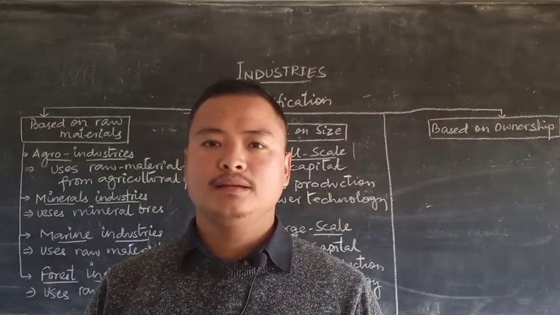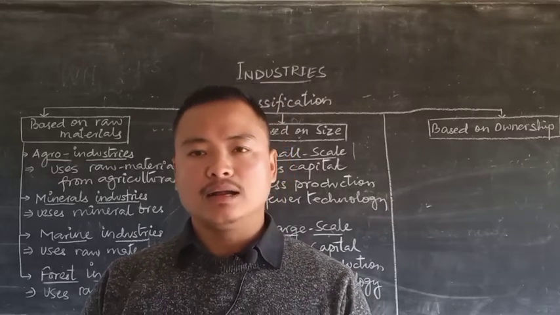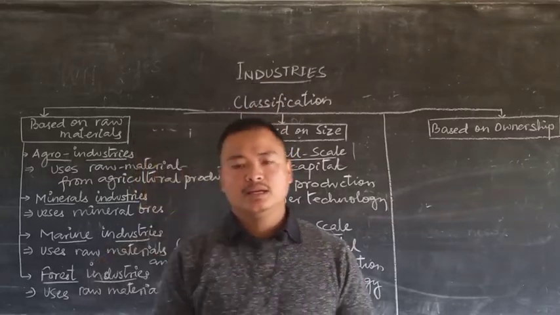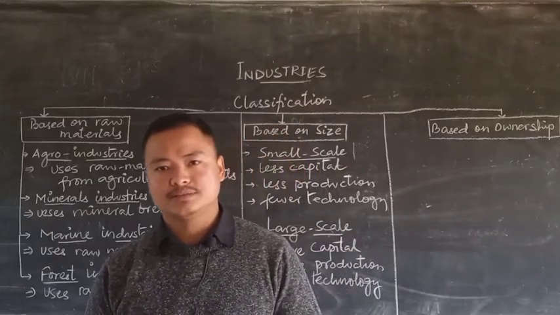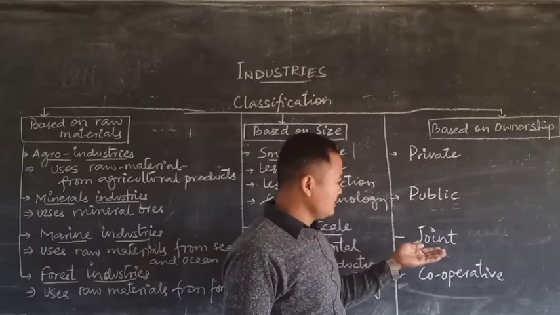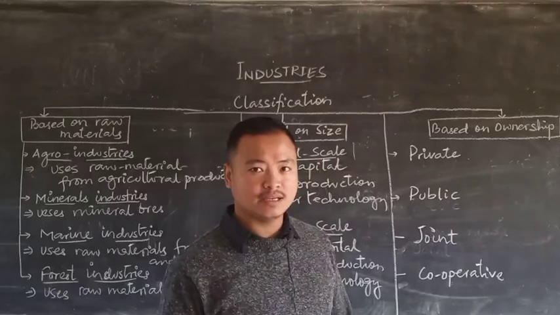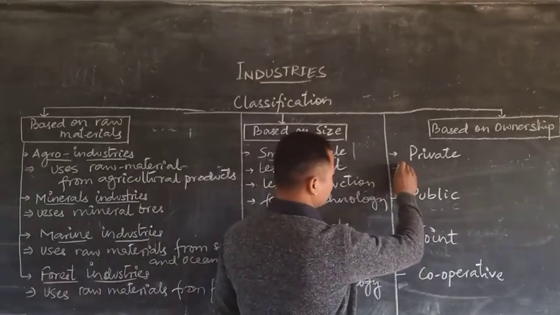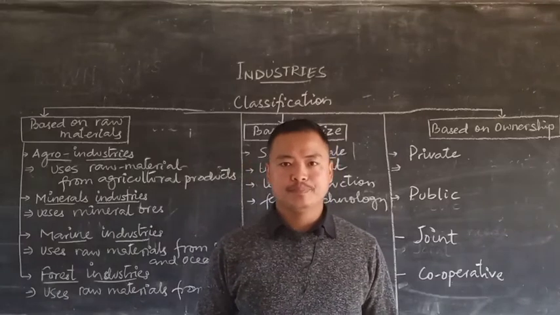Now, industries based on ownership. Under this head, we find 4 subtypes of industries: the private industry, the public industry, joint industries and cooperative industries. Under the category private industries, we find individual ownership.